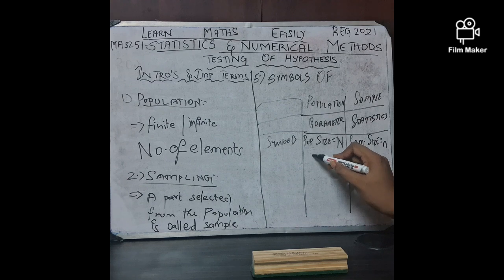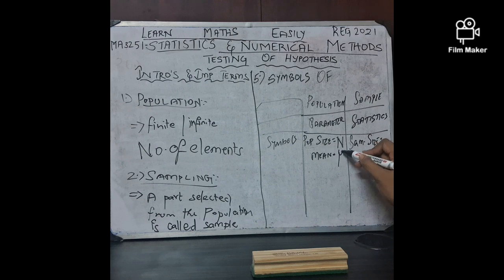Then for population, the mean is represented as mu, whereas in sample the mean is represented as x bar. Both have a difference. When it is represented as mu, it is a population, finite or infinite, as we discussed in the previous section. When it is represented as x bar, it is called a sample. A sample is nothing but a selected part from the population.